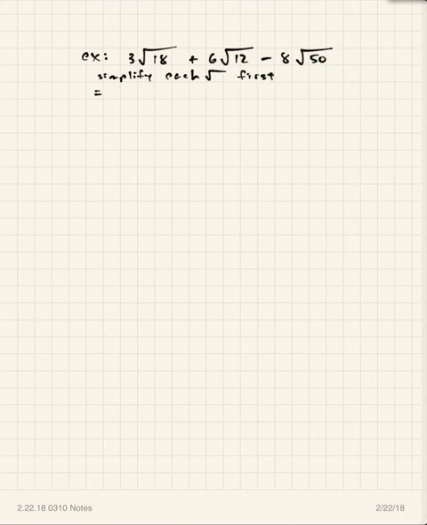So when I do that, the square root of 18 is the square root of 9 and the square root of 2, right? That's the factor that's a perfect square. And the square root of 12 would be the square root of 4 and the square root of 3, like that. 4 times 3 is 12. 4 is the perfect square. And then with 50, that'd be the square root of 25 and the square root of 2.